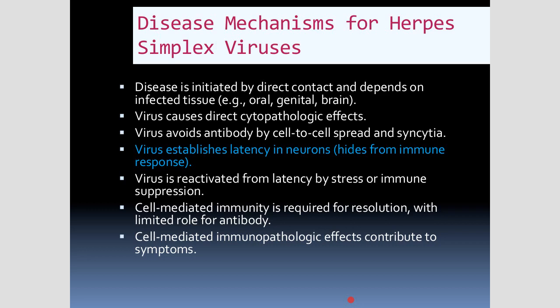Then there is reactivation. Remember, I told you just now that some of the virus will go and cause a problem in your cell. Some of the virus will hide, right? And then wait for the time the immune system comes down.